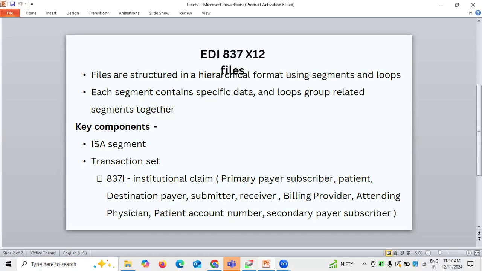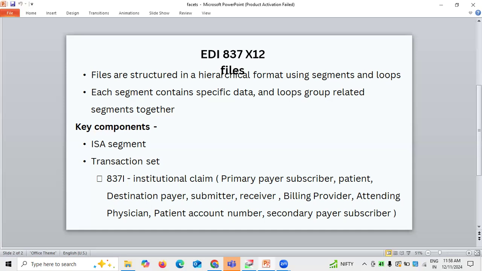When it comes to EDI X12, especially 837I, which is an institutional claim, there is different information we need to provide. The first is the primary payer subscriber, where we mention the subscriber details, residential address, mailing address, date of birth, followed by the Medicare insurance ID they have, the payer ID, everything.